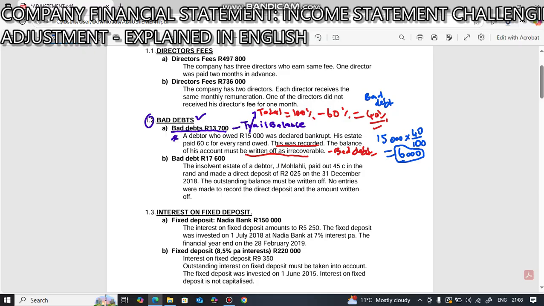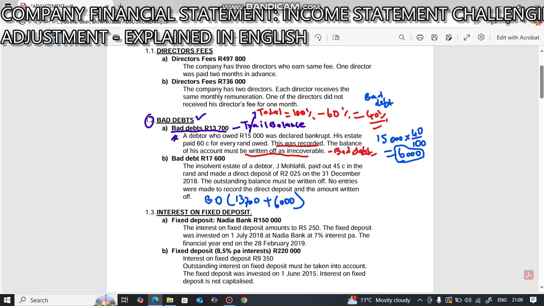So what is going to happen? Let's say, for instance, we're preparing the income statement or statement of comprehensive income. We are going to write bad debt. You can write it in full and then open bracket, take the amount from the trial balance of the bad debts, 13,700, and then you add the additional bad debt that we found in the additional information, which is 6,000 rand.